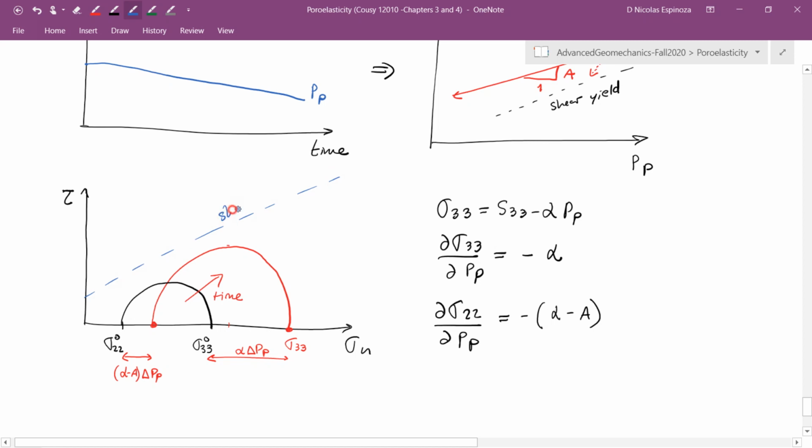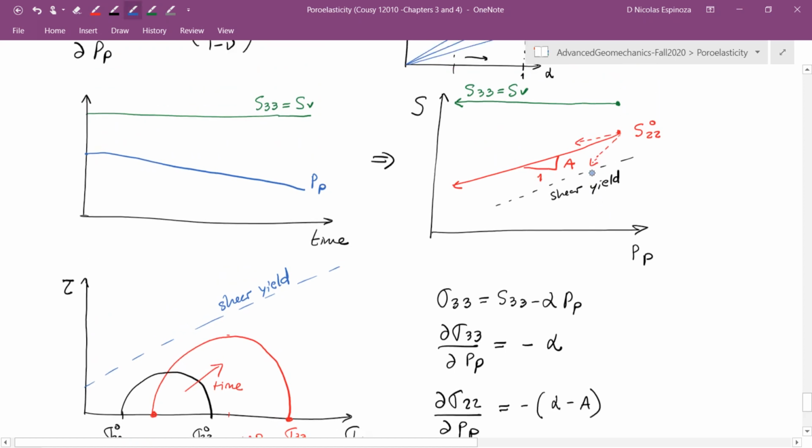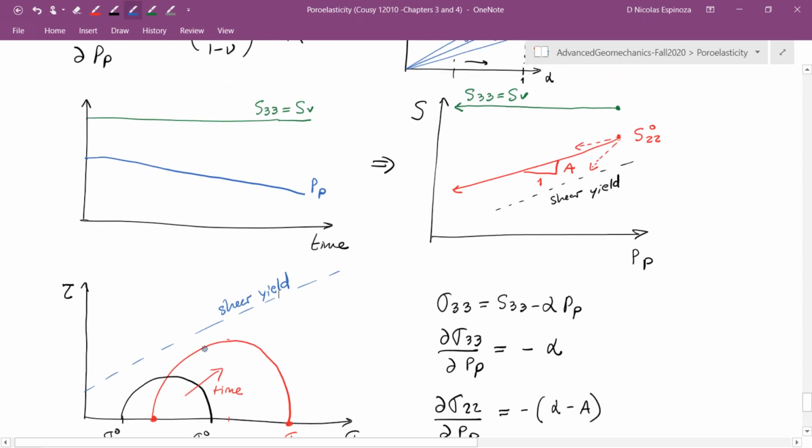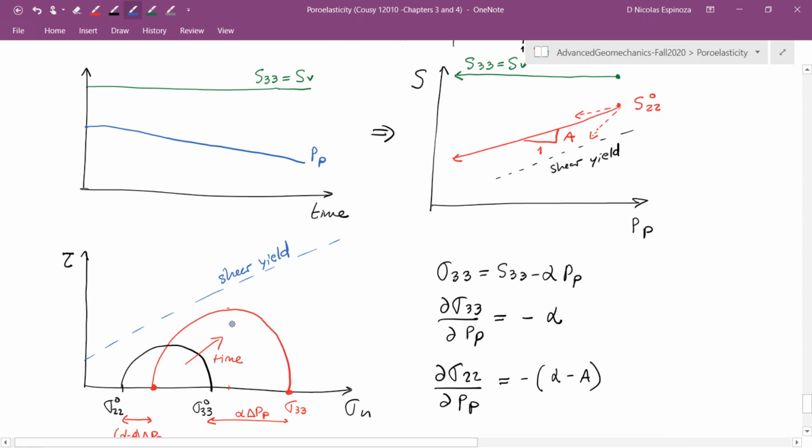This is my equation of the shear failure or shear yield, and depending on what is the value of alpha and the Poisson ratio, the steeper this path is into the shear yield, that means that I might get into shear failure within the reservoir because of the change of pore pressure. And that explains what we saw before over here. It was not that easy to see, but now we see it more clearly with the Mohr circle.